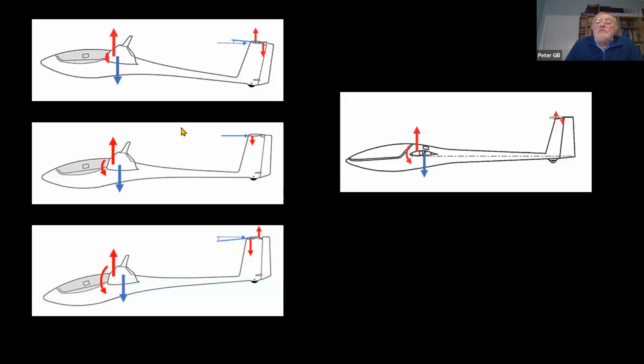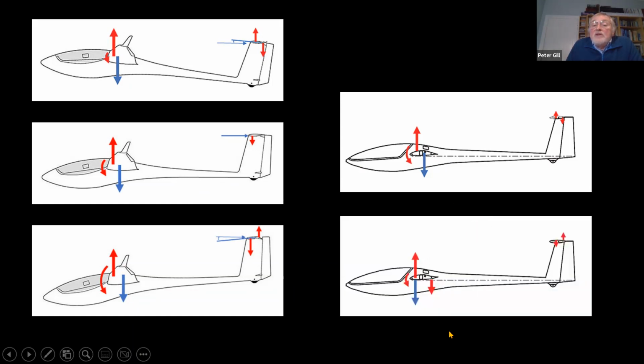If we look at the same situation on a flapped glider, it's quite different. Normal flight, flaps in line, you can just about see that. The glider is in line with the airflow, not much load on the tailplane. And if we go on in flight, there is a slight downforce here caused by the flap having to be up, but the loads are still fairly light on the tailplane.